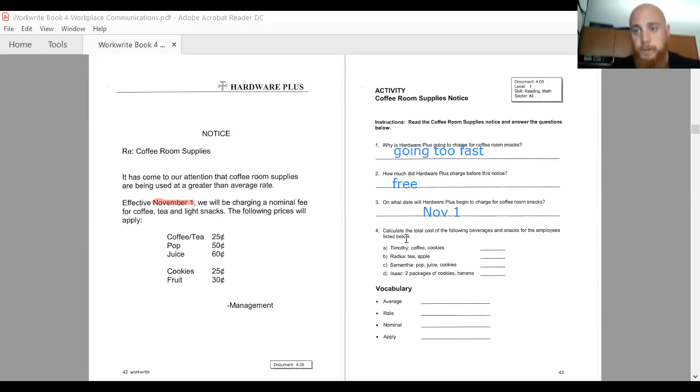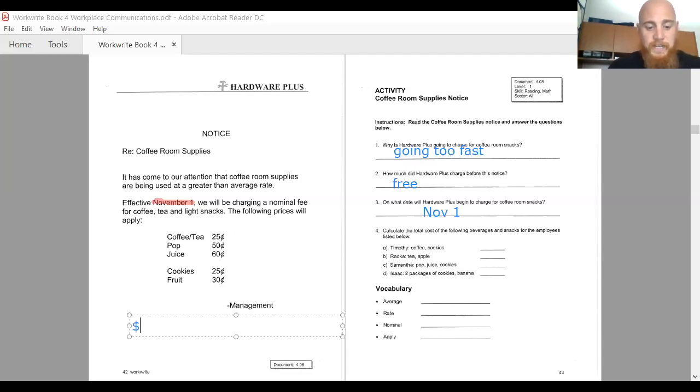Now, number 4 is a little bit of numeracy. Calculate the total cost of the following beverage and snacks for the employees listed below. So now the prices are written in cents instead of dollars. When I'm usually dealing with money math with learners, I'm dealing with them written as dollars.